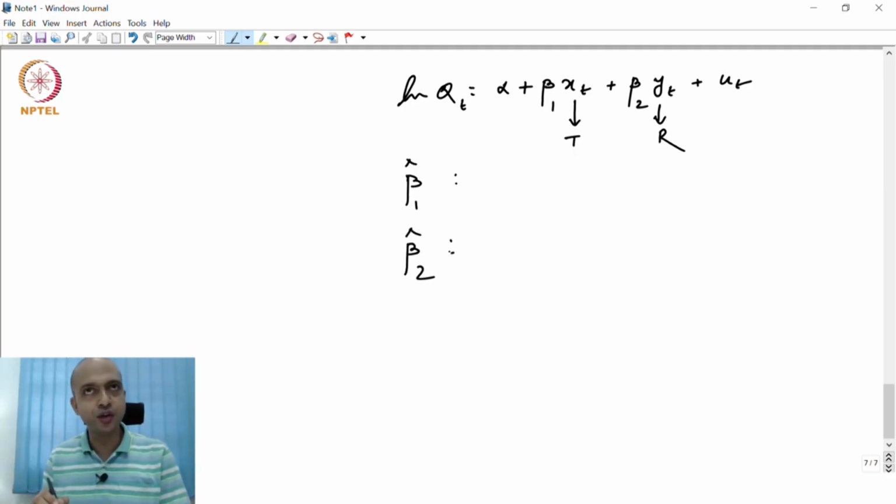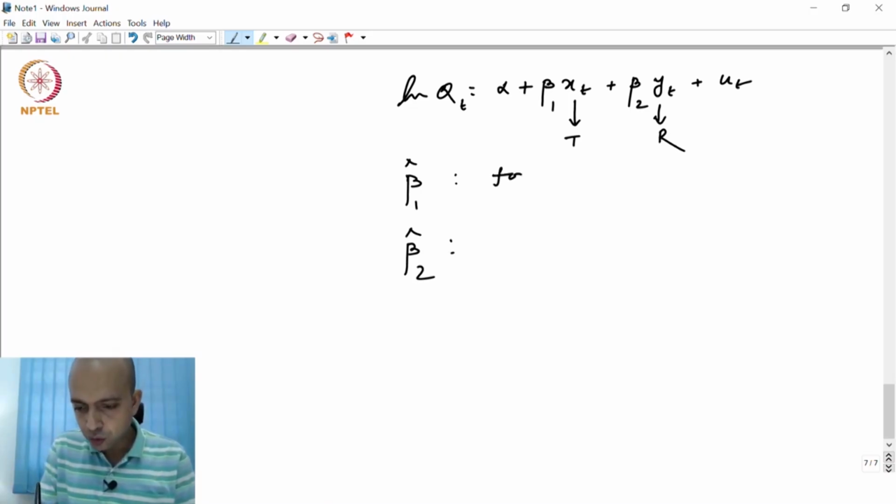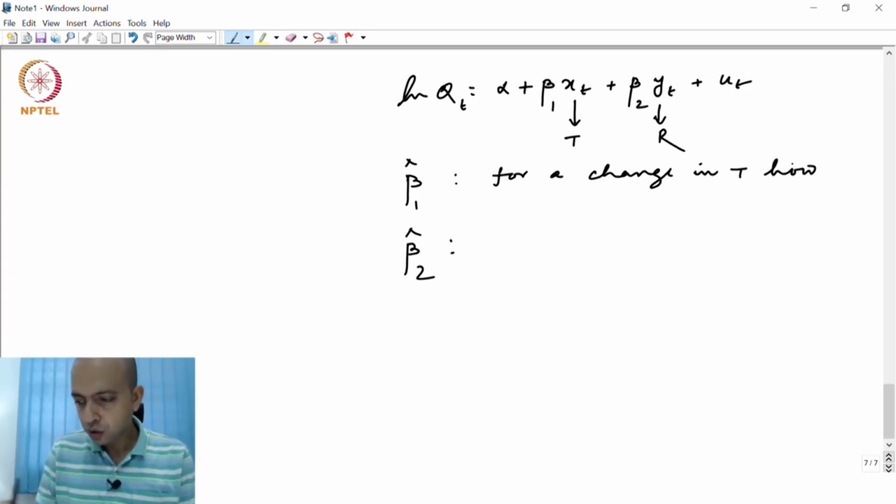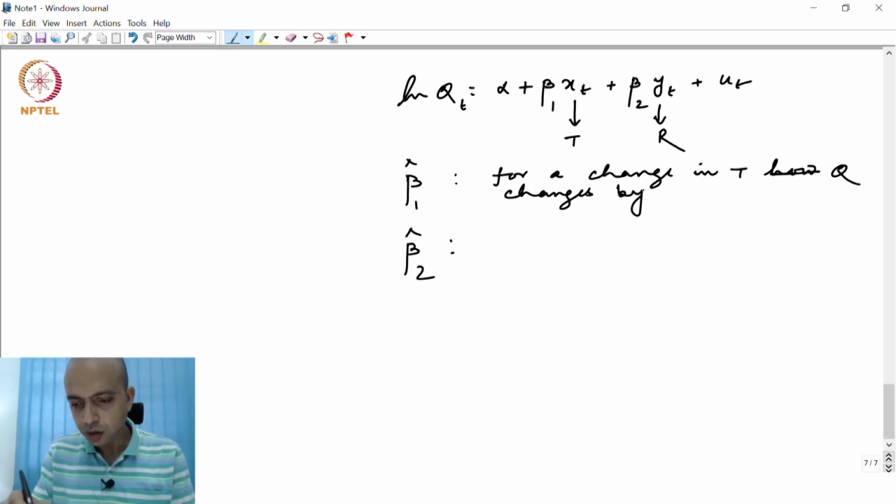This beta 1 hat will tell you, for a change in temperature, how output Q changes by beta 1.